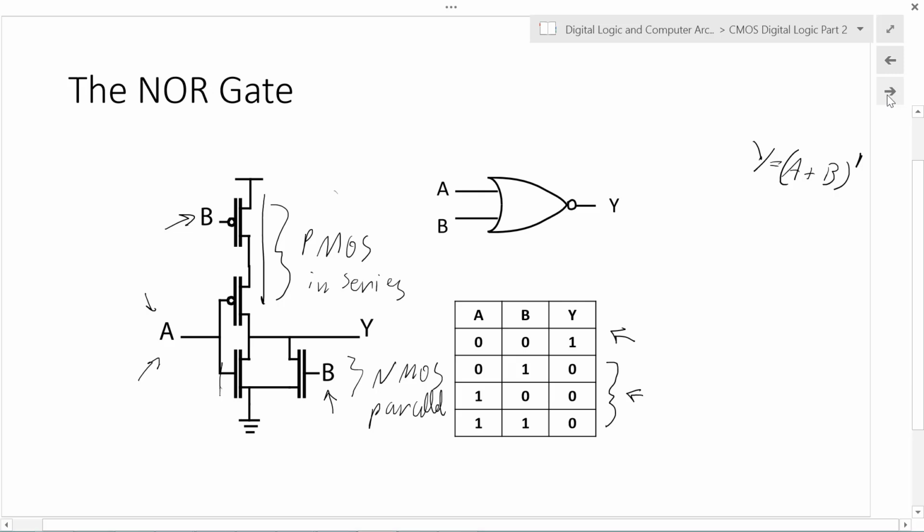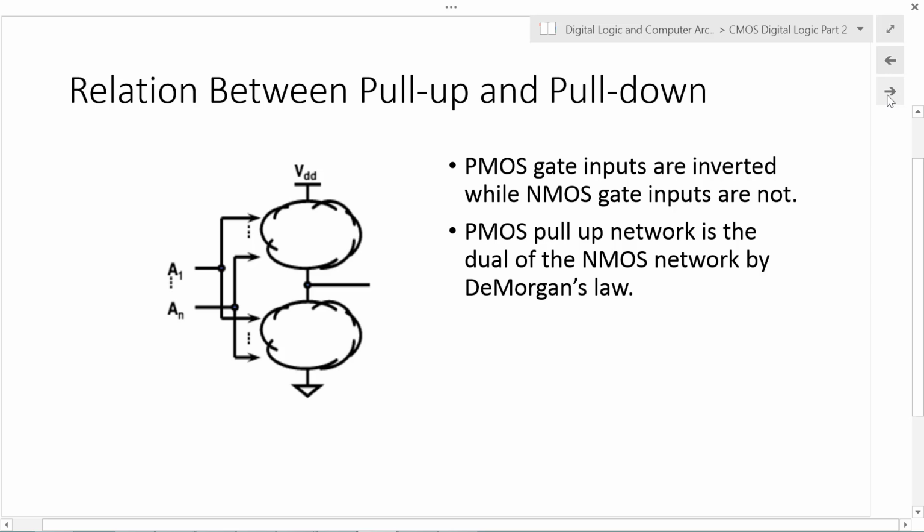So there's a relationship between the pull-up and pull-down networks that we need to consider, and it is that the PMOS network is always above the output variable, and the NMOS network is always below the output in CMOS digital logic.